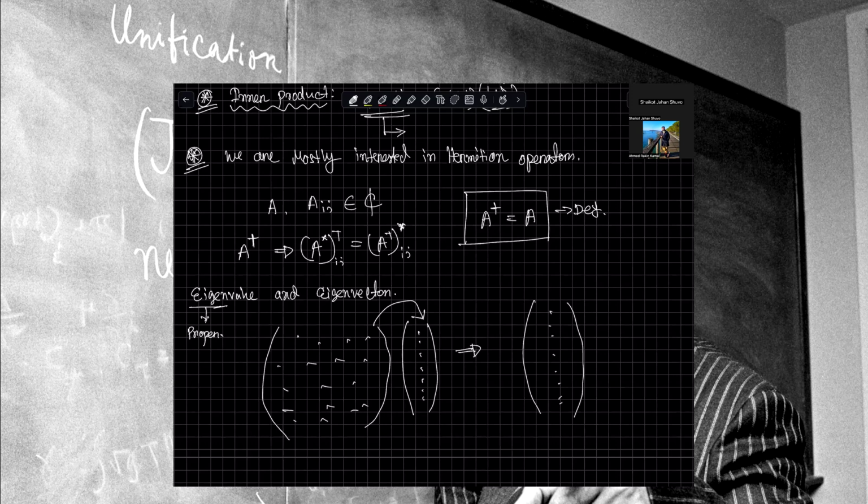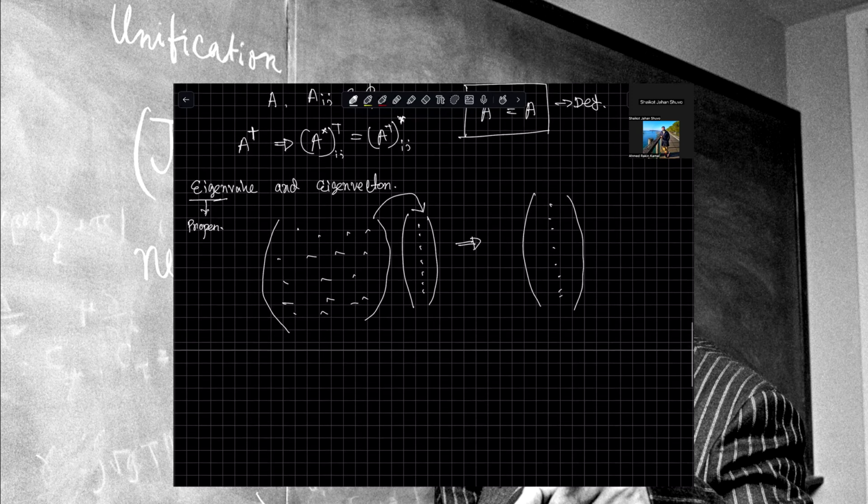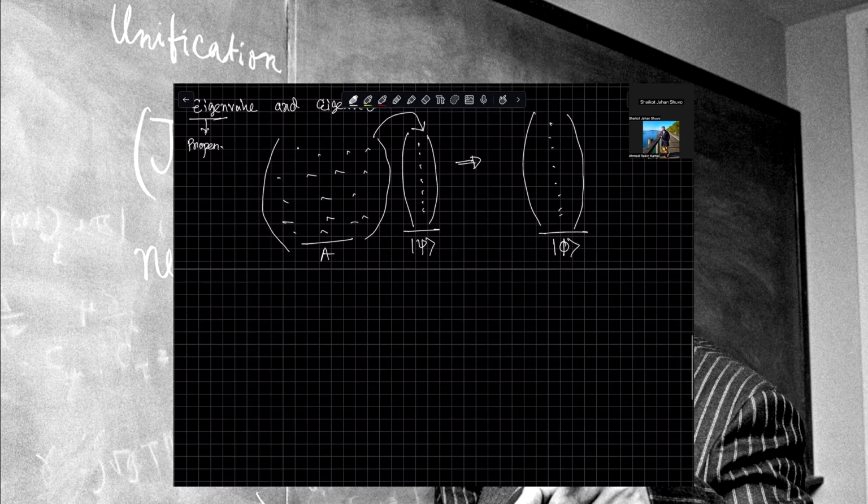This is the most general case. So let's think of this big matrix as A, this column vector as psi, and this column vector as some new vector phi. So we can write this like this, right?